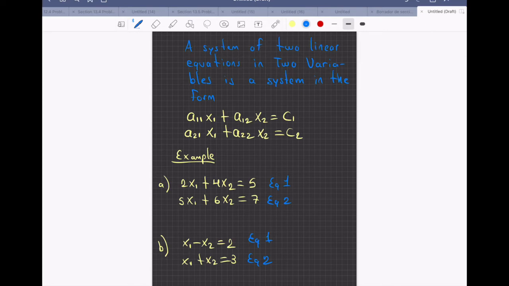And of course, as with any solution, well, let me write it here.